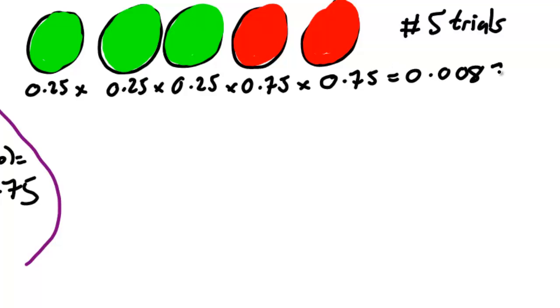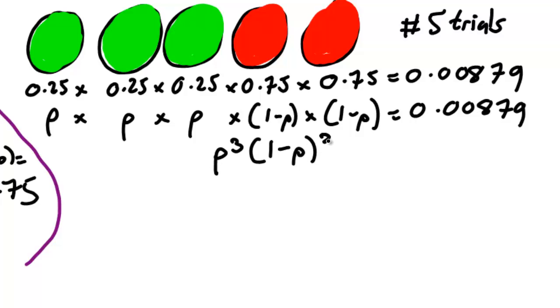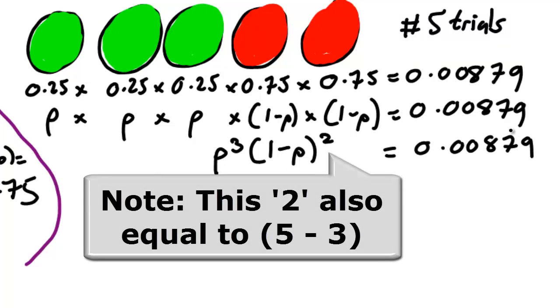Or, to use the notation, that's P times P times P times 1 minus P times 1 minus P, which is also equal, of course, to 0.00879. Or, to be even more concise, that's P cubed multiplied by 1 minus P squared.